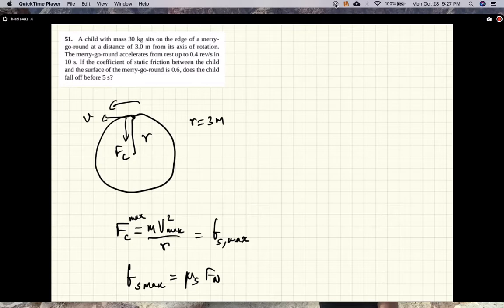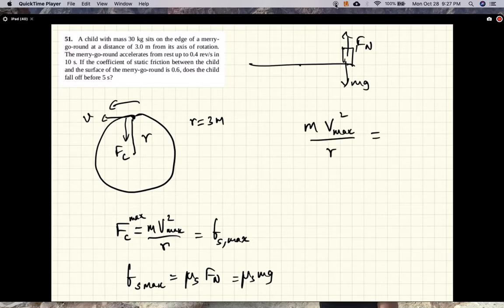This is the top view, and the side view would be, here the child sitting, there's the force of gravity, and the normal force would be equal to the force of gravity, so equal to mu s times mg. So we'll substitute: m v max squared divided by r equals mu s times mg.